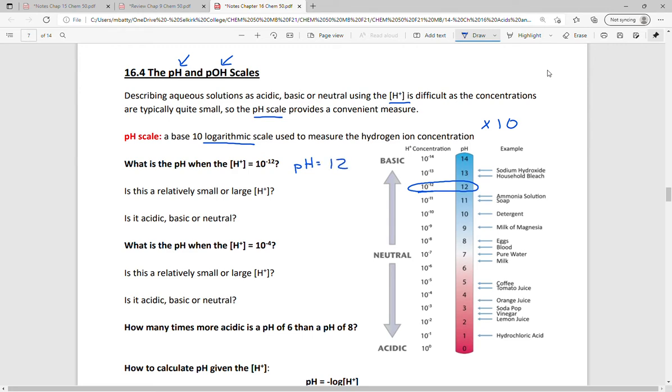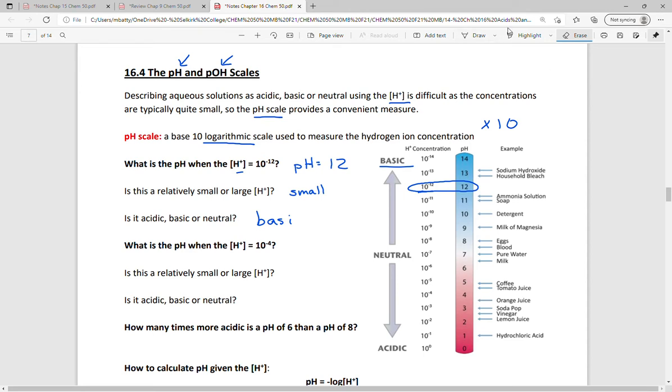When the hydrogen ion concentration is 1 times 10 to the -12, the pH would be 12. That would be a relatively small hydrogen ion concentration. Do you see that -12? That negative exponent is really a big number, but that makes for a very small value of the hydrogen ion concentration. It also means that we're up in the basic category. So basic. Oh, not basis, basic.